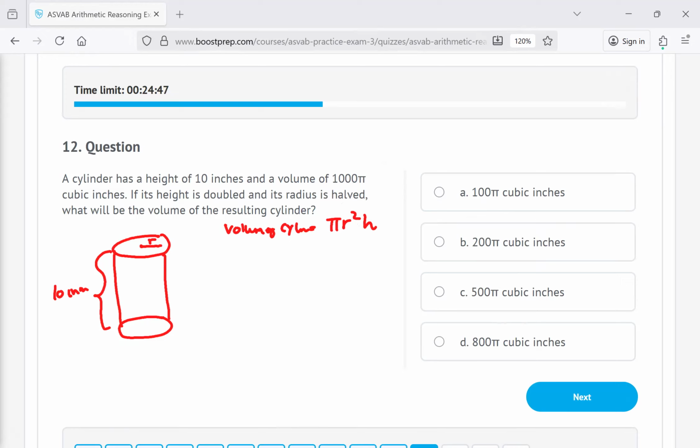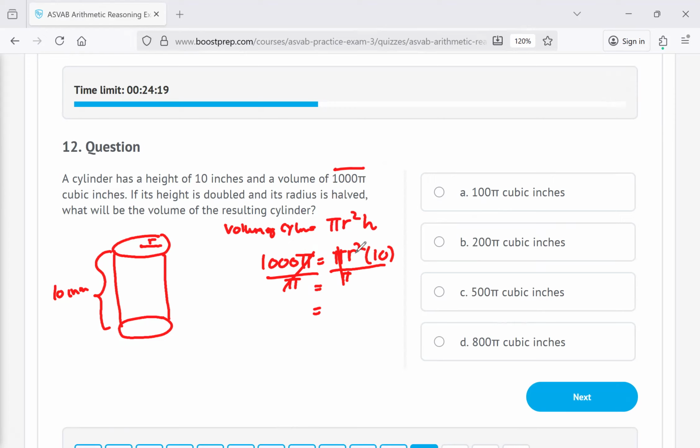They tell us it's exactly 1000 pi, so you can replace this with 1000 pi. We don't know what r is, but we do know our height, which is 10. So what I would do is get rid of the pi by dividing both sides by pi.